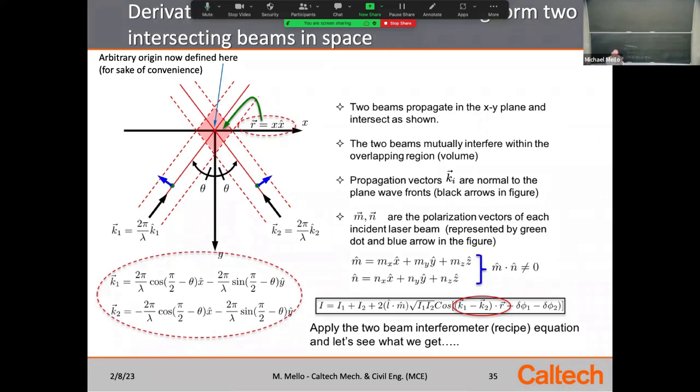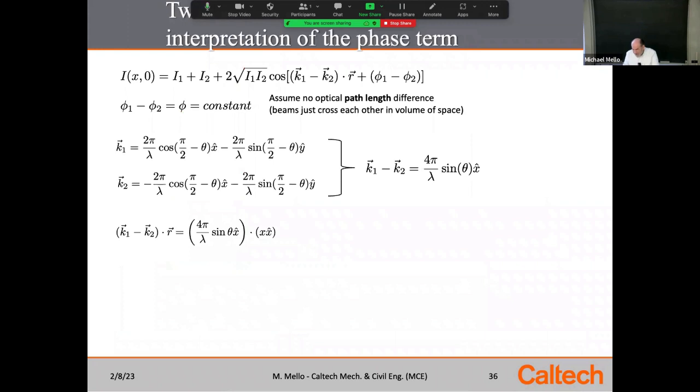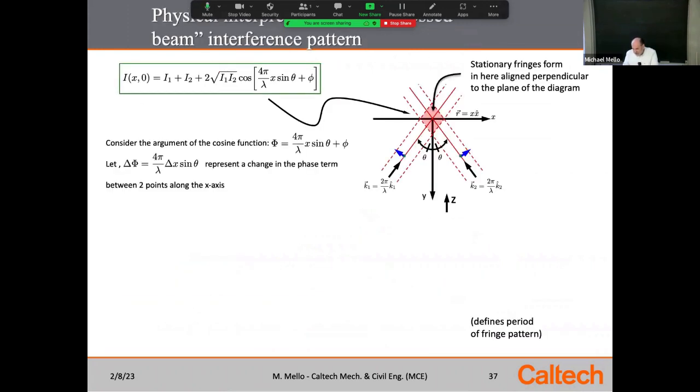You just have to look at the path length problem that is making their interferometer unique, and then you'll find some other quantity that sits in the argument of their cosine that allows them to measure something else with their interferometer. So this is it.